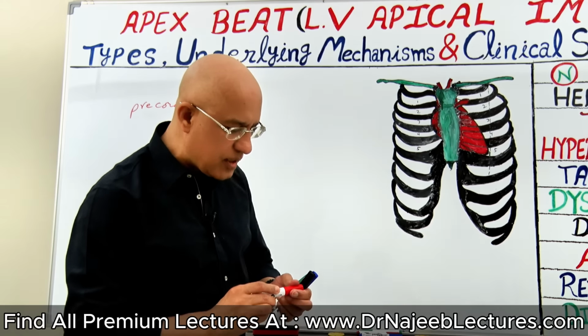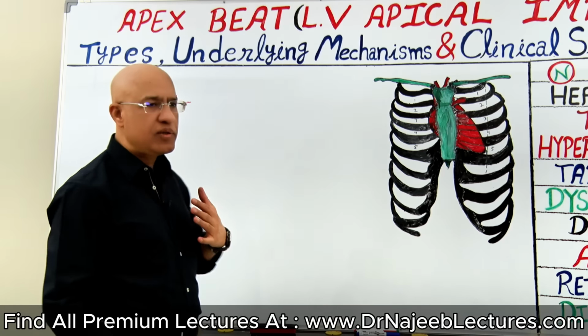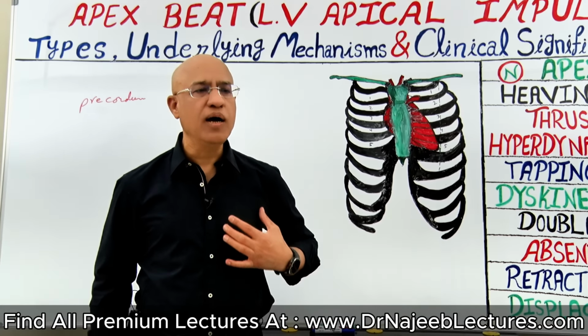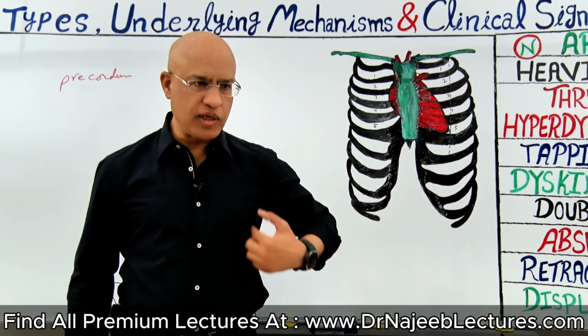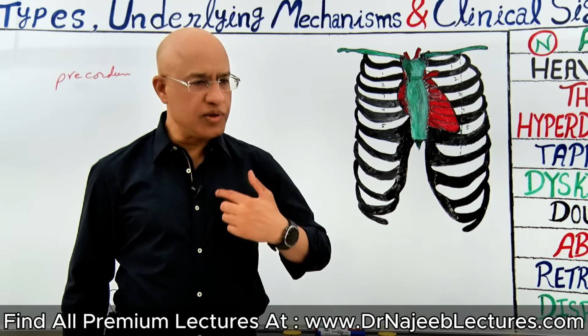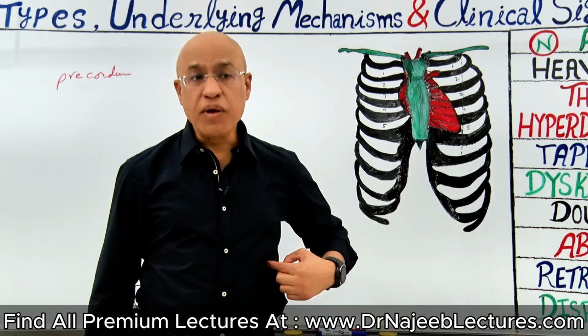I will repeat it again, but before that you should know what is precordium. Precordium is that part of the anterior chest wall which is just in front of the heart. Now, what is apex beat?